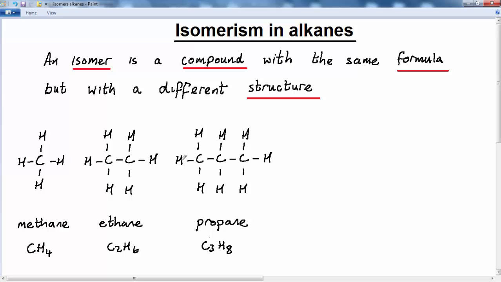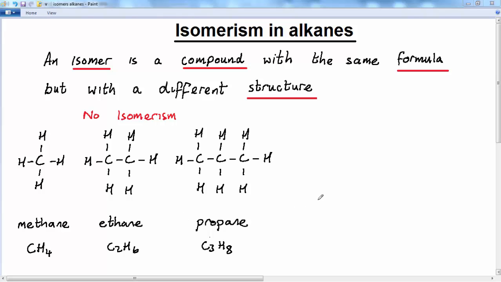So these are the structural formulas and these are the chemical formulas. In these three cases there is no way that the structural formulas can be different. There's no way that we can really change the structural arrangement of these molecules. So in the case of the first three alkanes, there is no isomerism present.